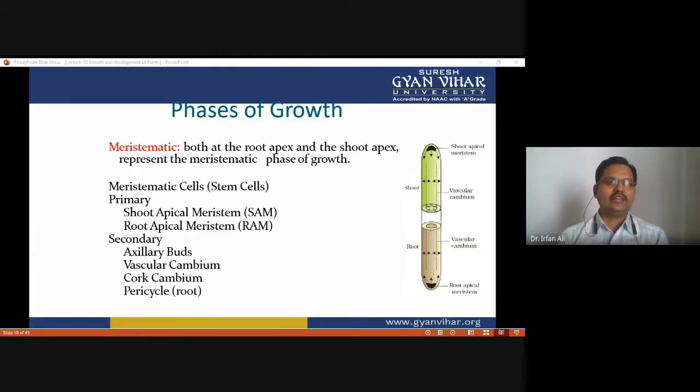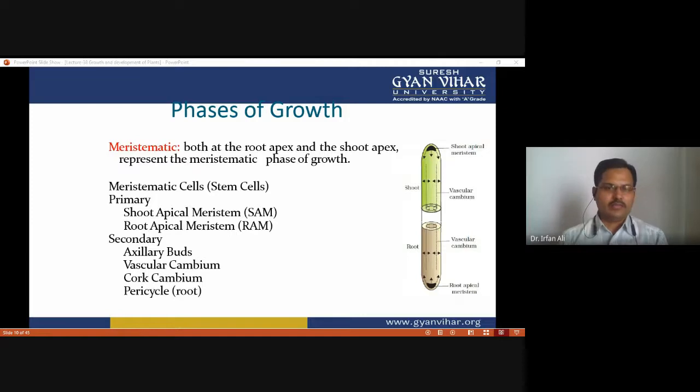These meristematic cells are just like stem cells. These cells can divide and can differentiate into various types of cells. These meristematic cells are divided into two categories: the primary meristematic cells and the secondary meristematic cells.